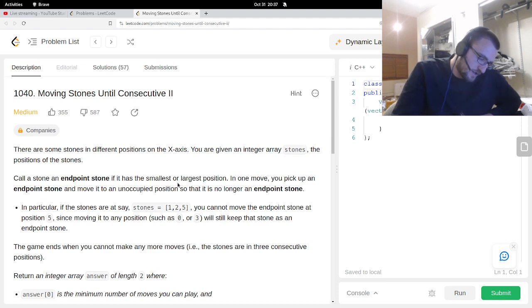So you get 5, 10, 15, 20. Go 10, 11, 15, 20. So you take care of the left gap in one move. Then you can go 11. Oh, that doesn't work, does it? No, I did that wrong.